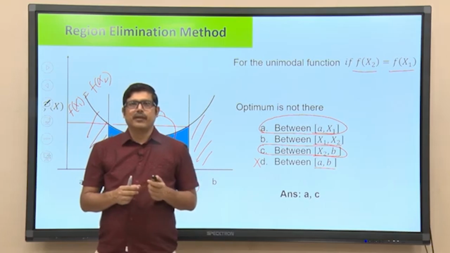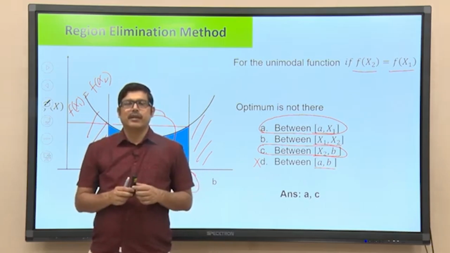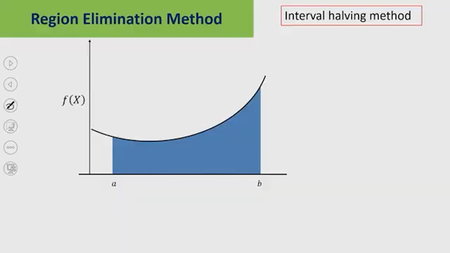So, let us discuss the method. We will apply this region elimination technique. Now, the first method is the interval halving method. In this method, we are taking 3 points. One is at the middle, that is xm, where xm is equal to (a plus b) by 2. x1 is between a and xm, exactly at the middle of a and xm, and x2 is between xm and b, exactly at the middle of xm and b.